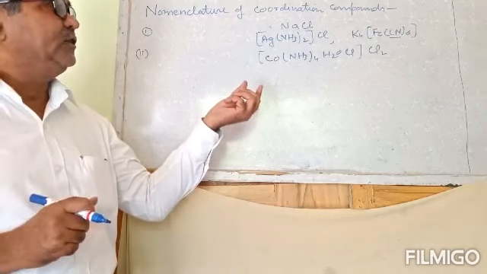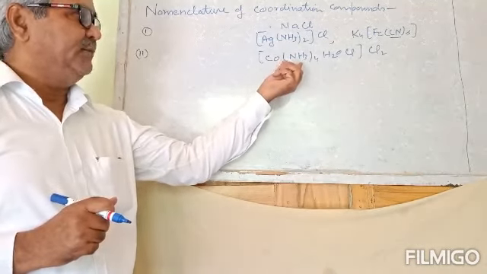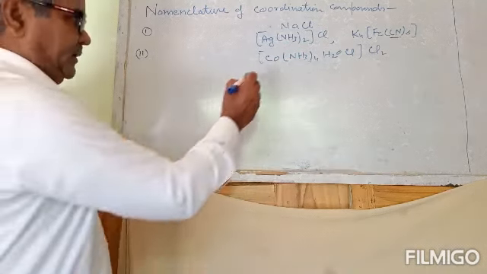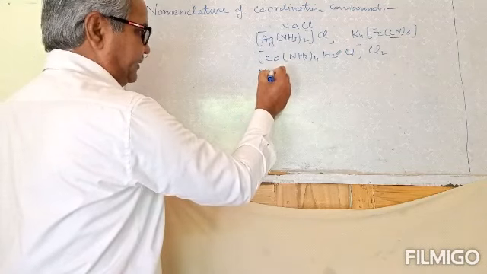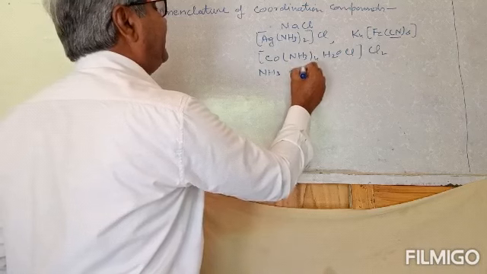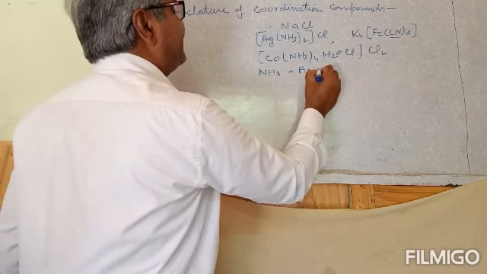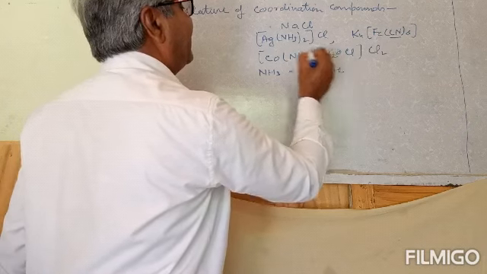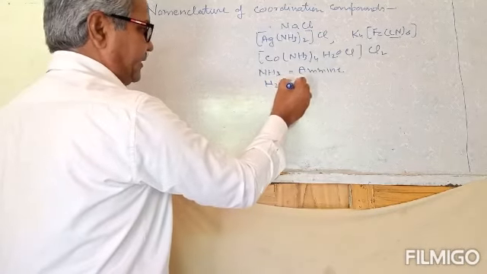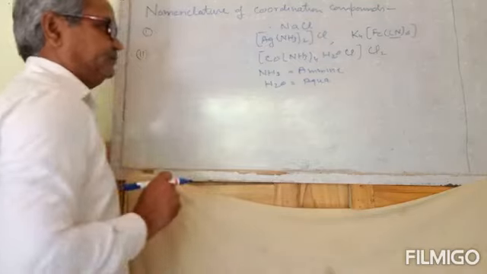In alphabetical order, amine comes first. Ammonia is named as amine. NH3, this is neutral ligand, and in IUPAC system it is named as amine. Water is named as aqua.